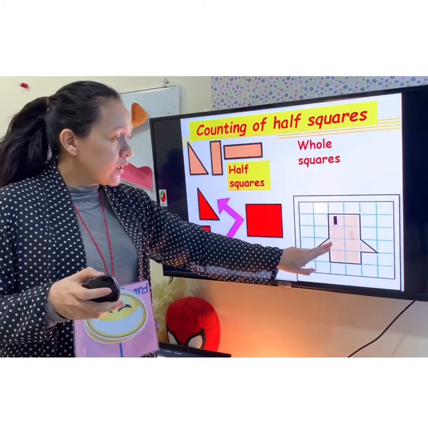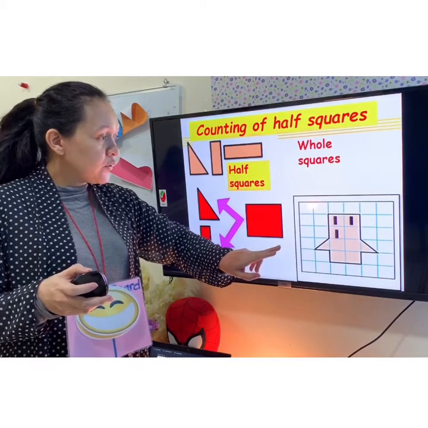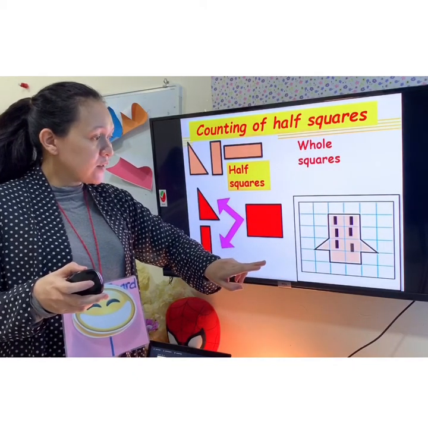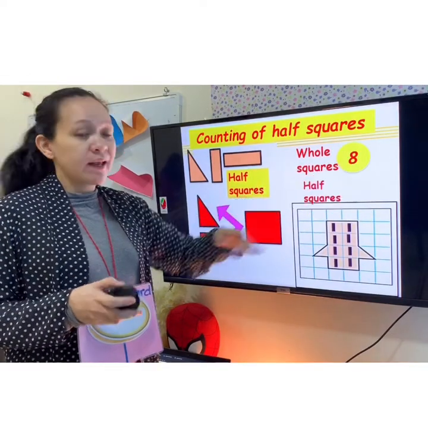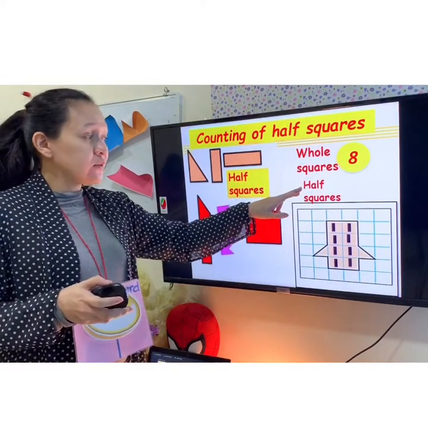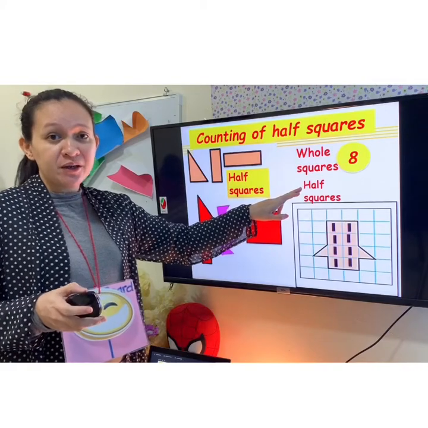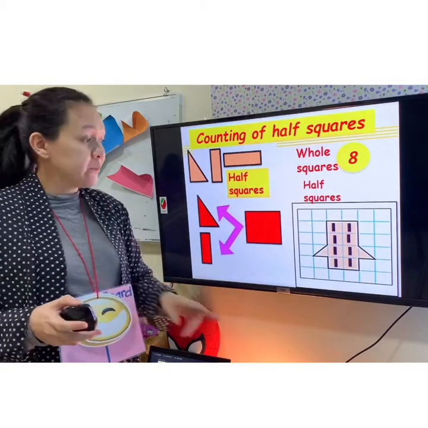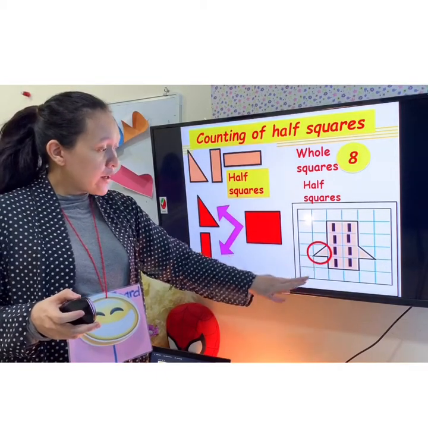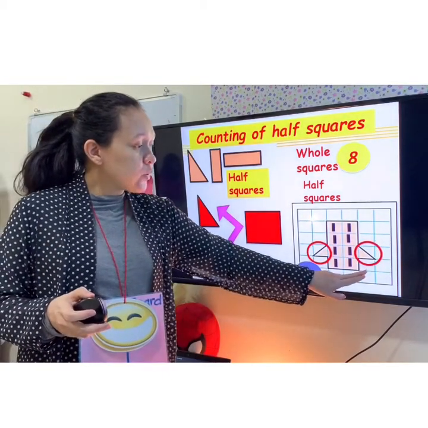So, 1, 2, 3, 4, 5, 6, 7, and 8. We are going to put it here, 8. Now, we are going to count the half squares. Remember, 2 halves is equivalent to 1. So here is 1/2, here is 1/2.